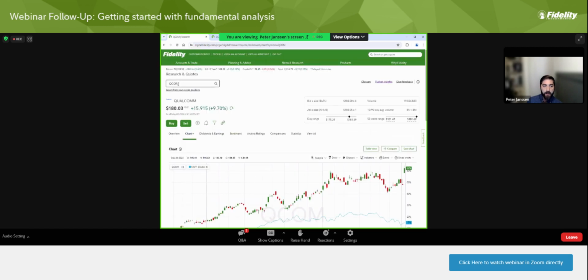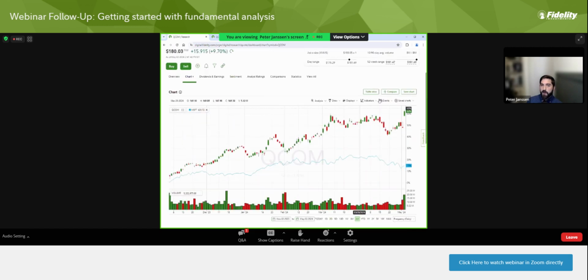And I had Qualcomm still loaded up. If you come here towards the top right-hand side of Chart Plus, you have the ability to click here where it says compare. If you click compare, it's going to allow you to input a different symbol or some type of index. I had Microsoft, as you can see here now. If I exit out of that, it's just going to leave me with the symbol that we're currently looking at.